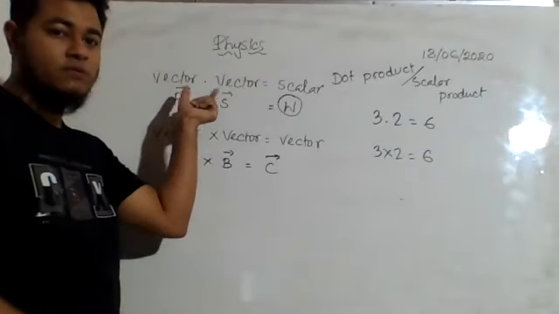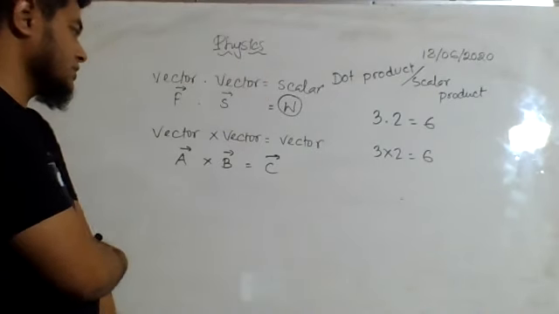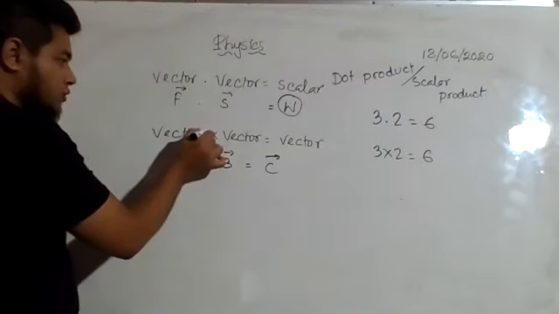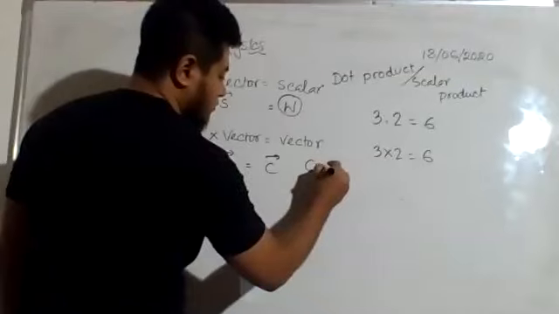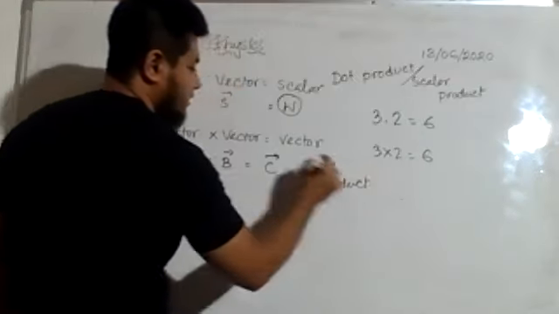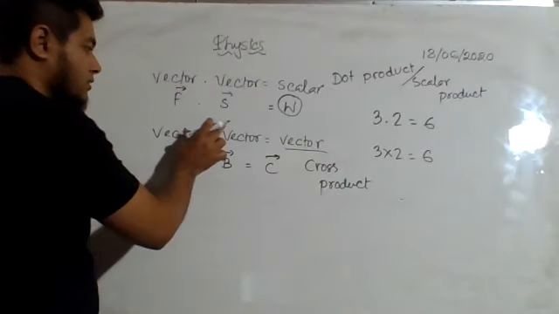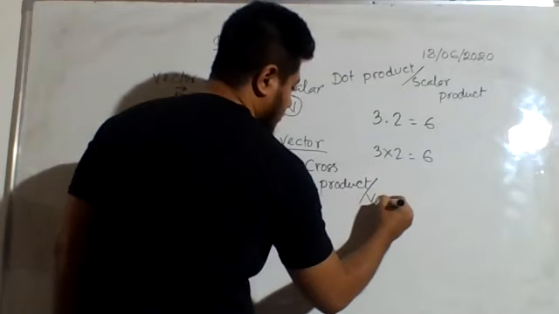So whenever we do this dot product, we will get a scalar quantity. Now whenever we do this cross product, that is vector into vector cross product, and if I do the cross product, then I will get a vector after multiplying two vector quantities. So this is called the cross product or vector product.